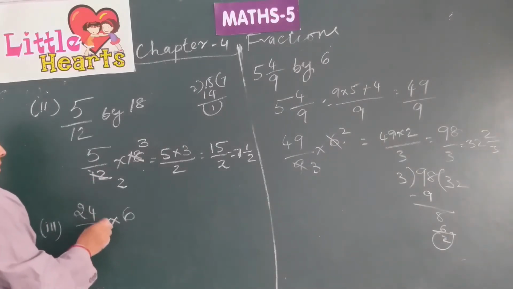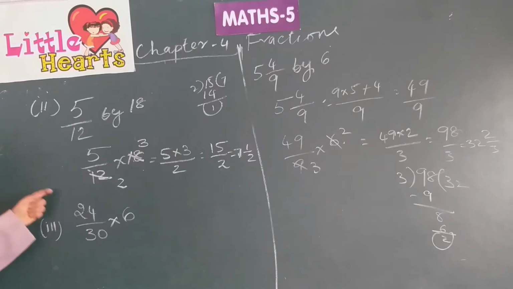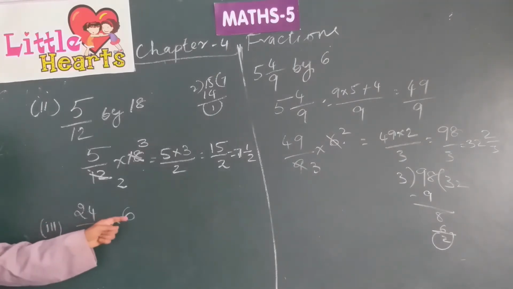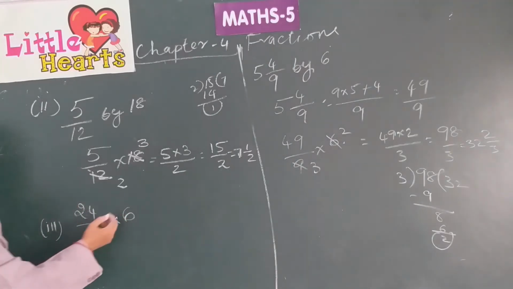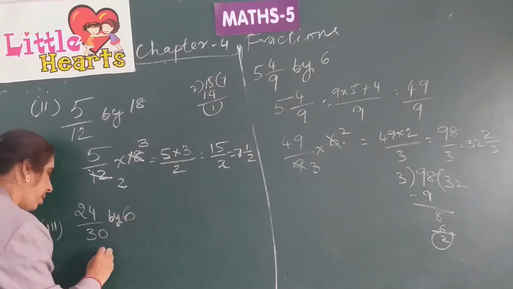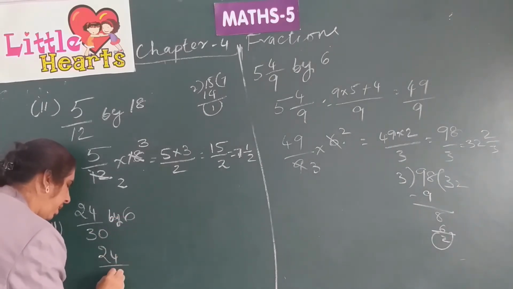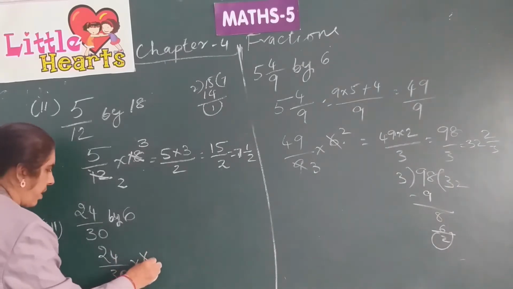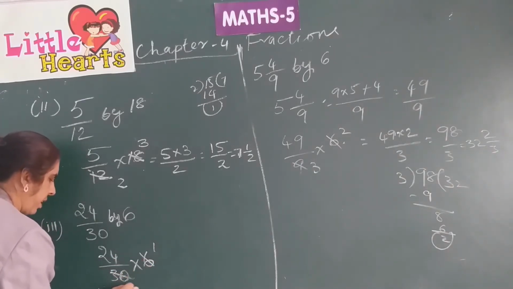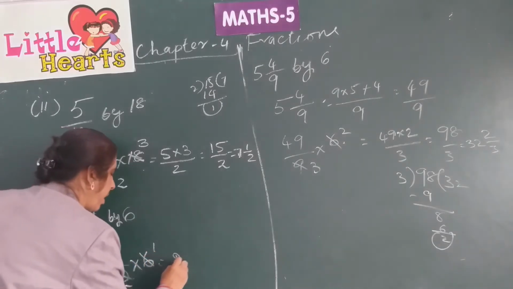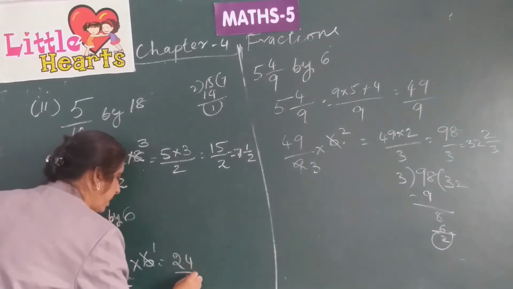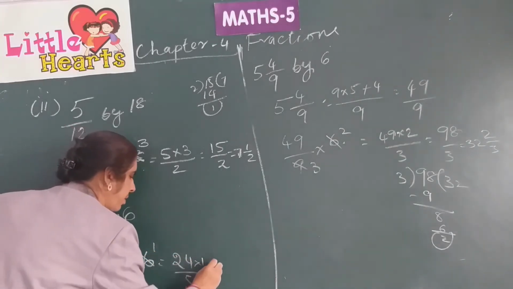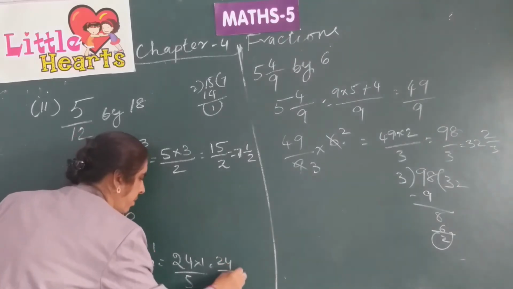Next problem is multiply 24 by 30 by 6. 24 by 30 into 6. It can be done: 6 1s are 6, 6 5s are 30. 24 into 1 by 5, 24 by 5.